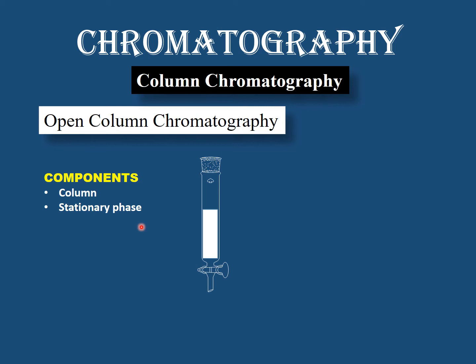The next step is to load your sample. So you can load your sample on top of this stationary phase. The sample needs to be prepared first. There are different methods through which you can apply your sample. A very common method is to first prepare a slurry. For that, you need to prepare a solution of your sample in any solvent in which your sample is soluble, and then you apply this solution on some amount of silica, allowing the solvent to evaporate.